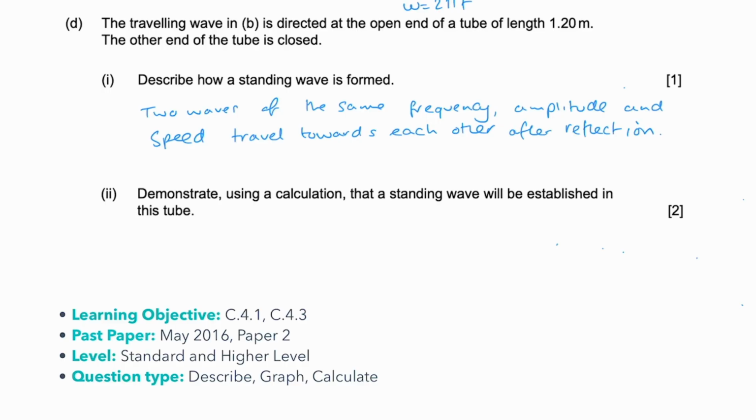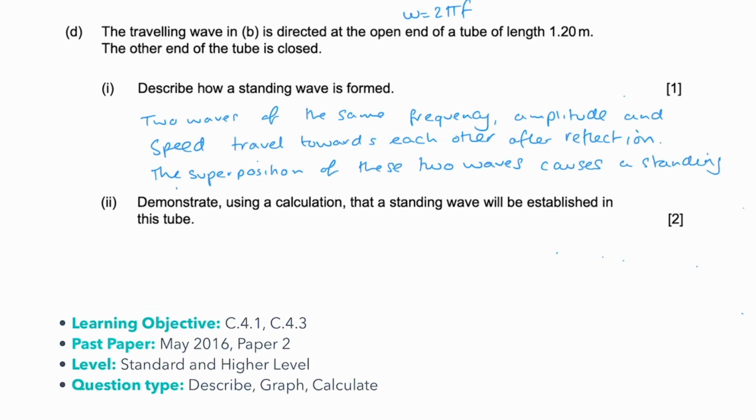And then I would write the superposition of these two waves causes a standing wave to form. That's perhaps a little bit more wordy than you would need, but the concept is there. Two waves of the same frequency, amplitude and speed superimpose after reflection, causing the standing wave to form.